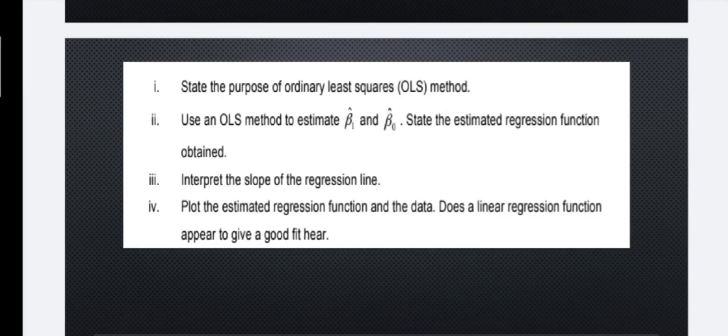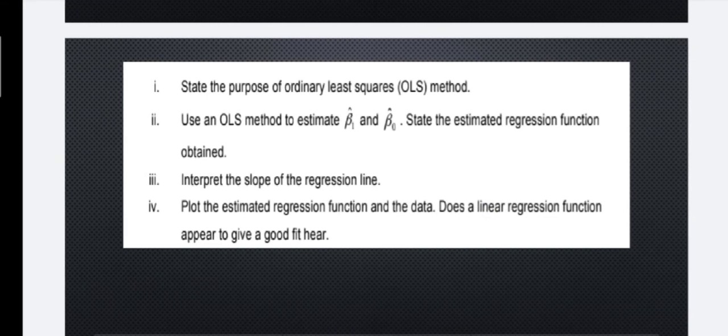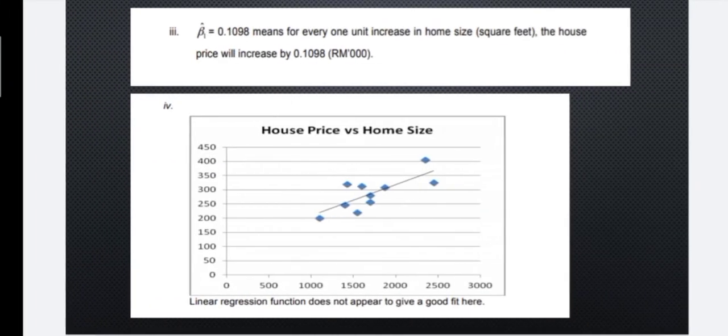Okay, the last kali kat sini dia nak you plot the estimated regression function and the data. Plot the estimated regression function. Function yang you dah ada tadi tu yang you dah create tadi function kena plotkan dalam scatter plot. Okay, first of all, bukan simply you gariskan you dah buat line ni, bukan.